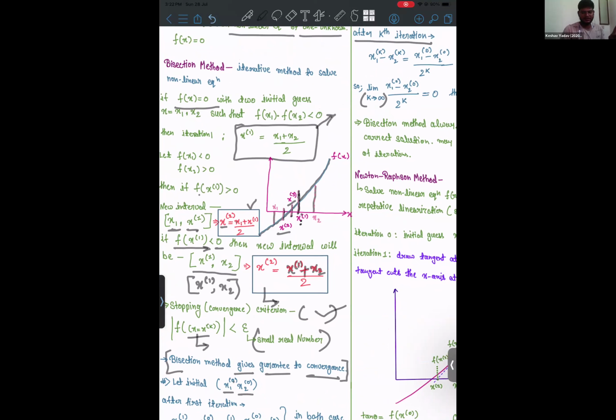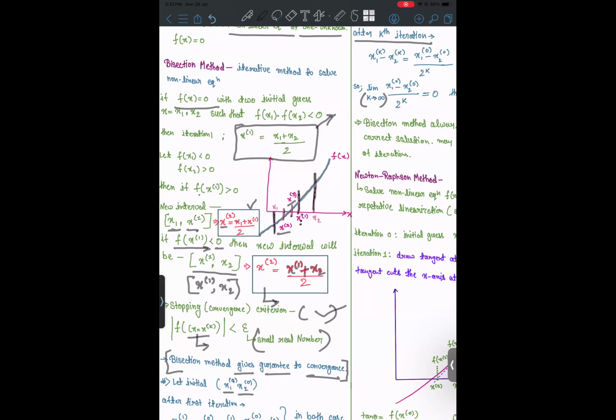Suppose if f at x1 is positive, then f at x2 should be negative. The sign should be opposite. The idea is if the function has a negative value at one point and some positive value at another point, in between, if it is continuous, there will be a 0.